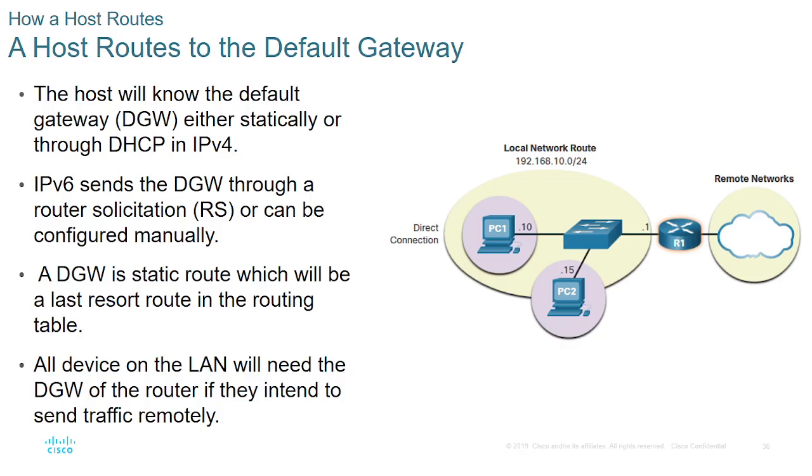When you're dealing with IP version 6, it works slightly different from IP version 4. IP version 6 configured devices are able to discover each other. They will send themselves messages called router solicitation messages. These messages help them discover the address of their gateway as well as the other devices on the same network.